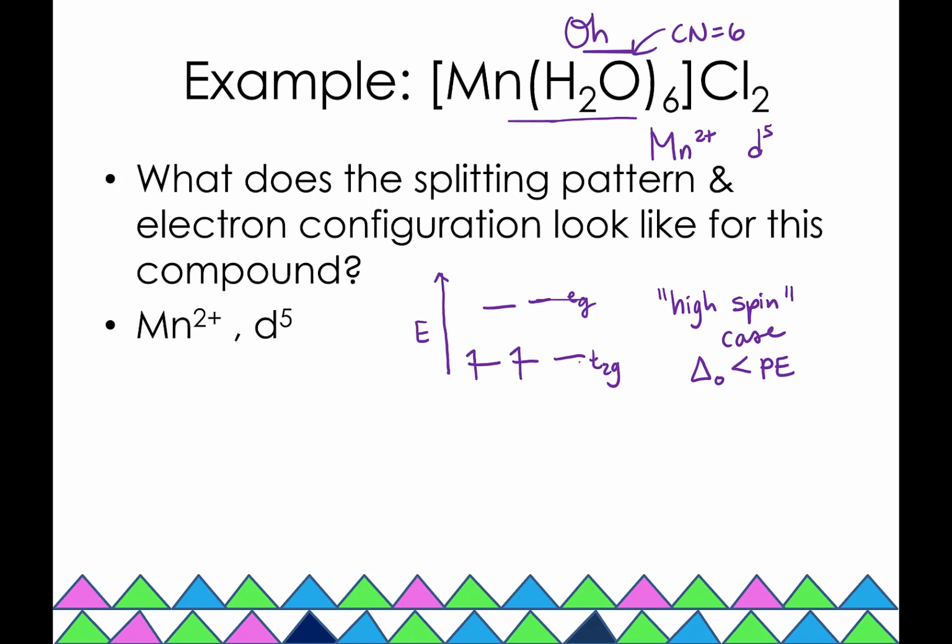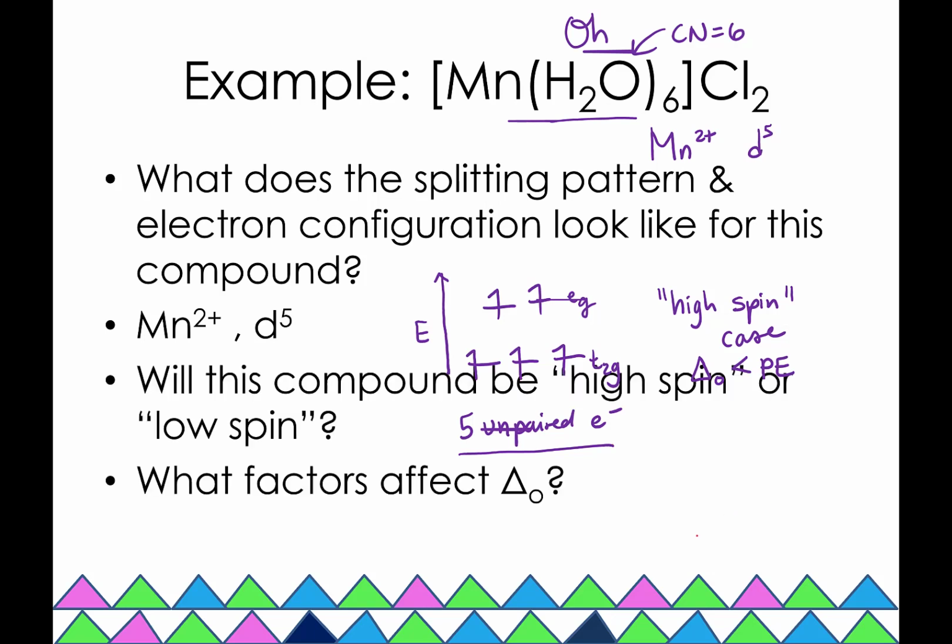So we're going to fill up our Eg orbitals before we start pairing in the T2g sublevel. So we can say that this is going to have 5 unpaired electrons. We'll talk about calculating magnetic moment soon, but it's going to have a pretty large magnetic moment. So this is what the splitting pattern would look like for this complex. In the next lecture, we're going to talk about what factors affect how big delta octahedral is.